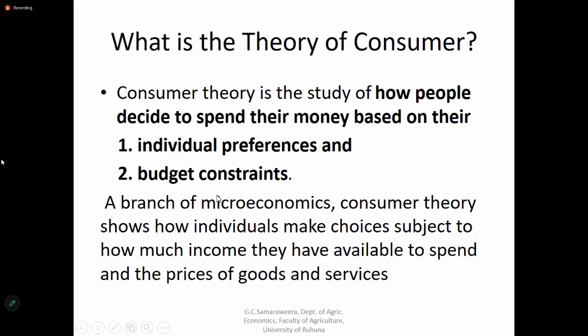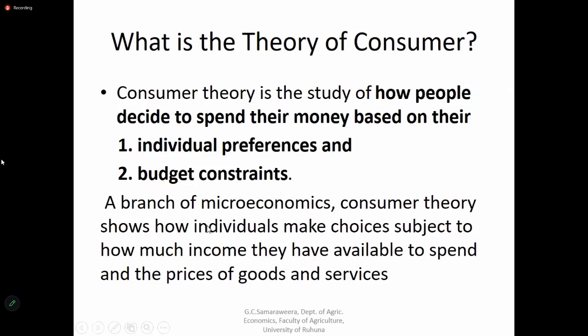So the theory of consumer is a special branch of microeconomics. It shows how individuals make choices based on the income they have available to spend and the prices of other goods.